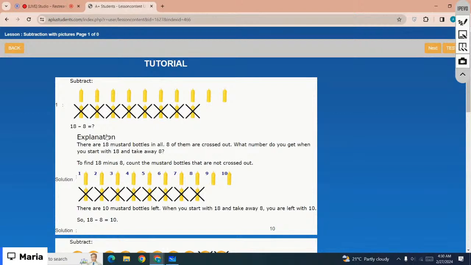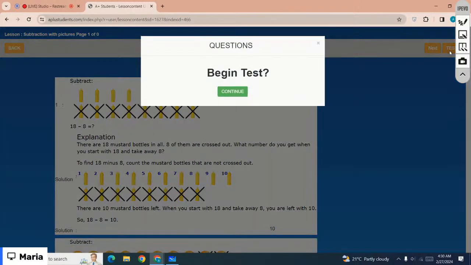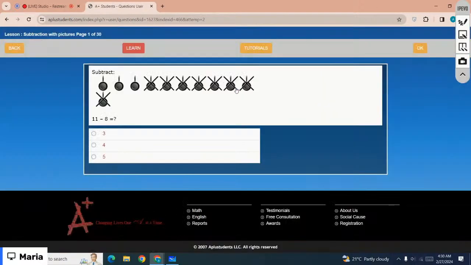Okay, again, this is the same lesson we have covered earlier. You need to count the total, then count the crossed ones, and write the sentence, right? But you don't have to write this, you just have to find the answer.